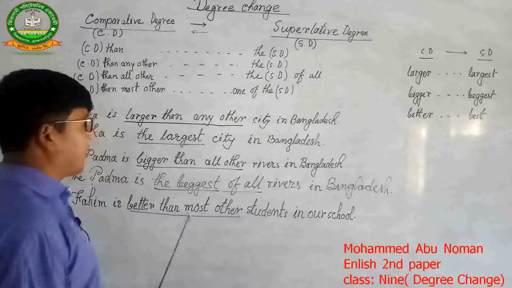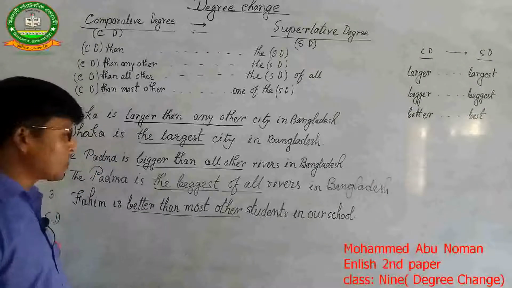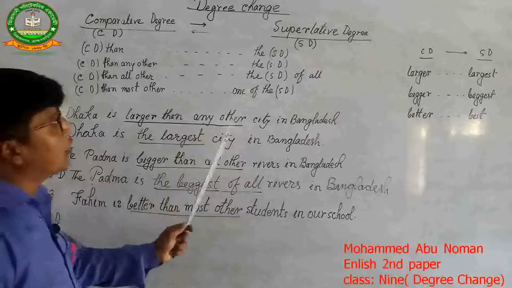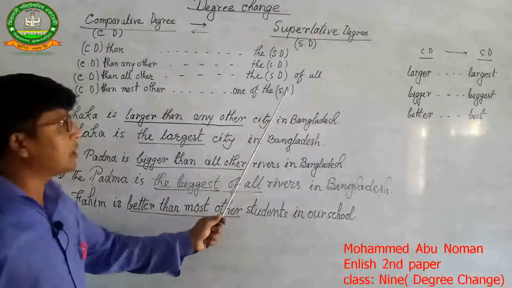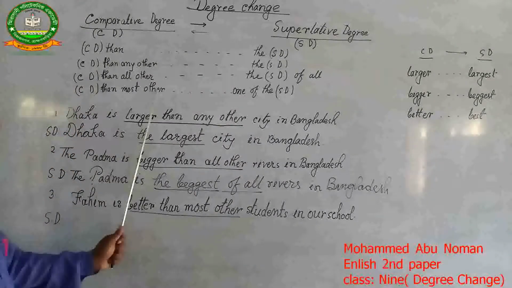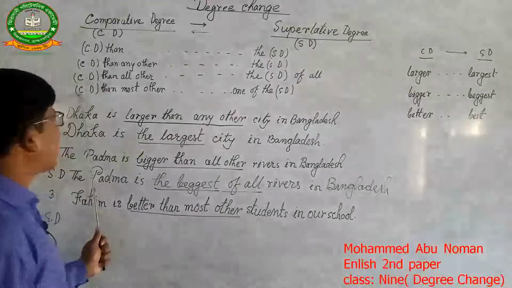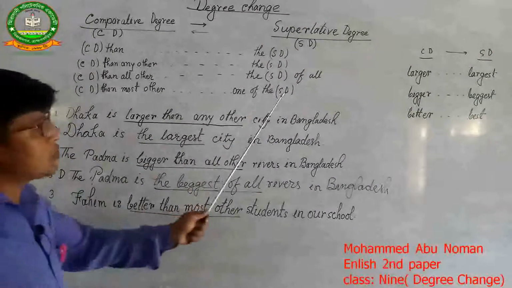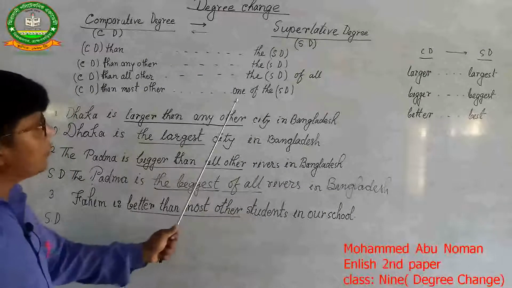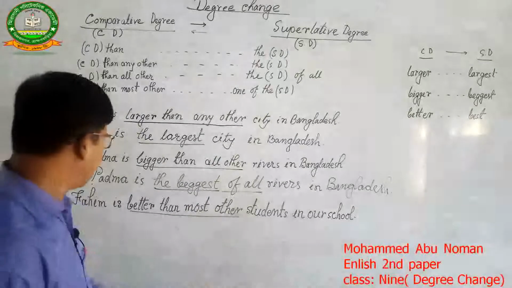When we find "most other" after the comparative degree, we will use "one of the" before the superlative form. Then "most other" will change into "one of the". The comparative degree will change into the superlative degree.